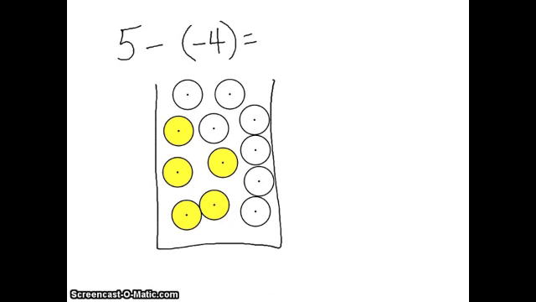Alright, I think we took them all. And so we'll make an equal number of these positive. 1, 2, 3, 4. Oh, looks like we need one more.